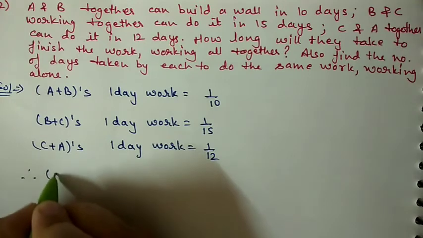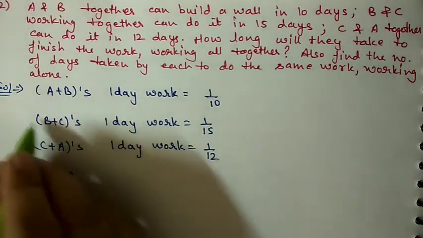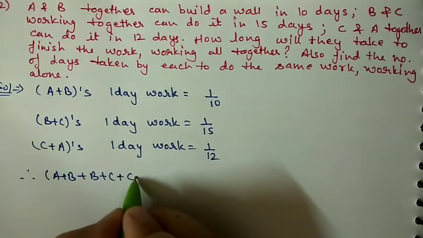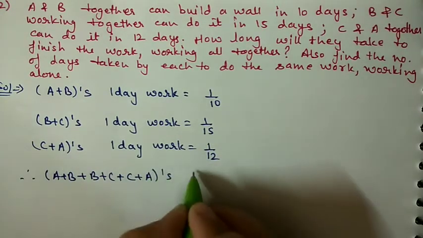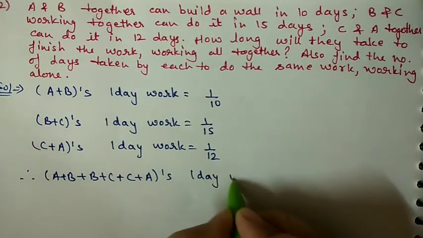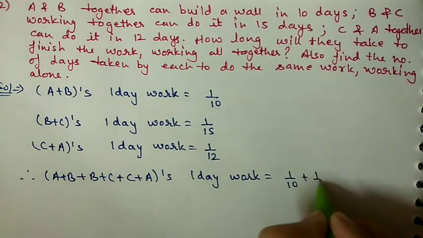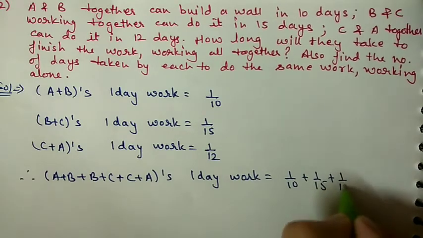Now we will add all these three. Therefore, A plus B, then B plus C, and then C plus A, one day work will be 1 by 10 plus 1 by 15 plus 1 by 12.